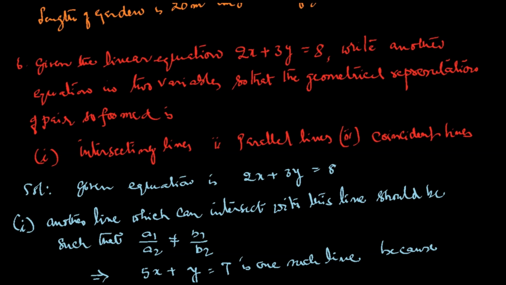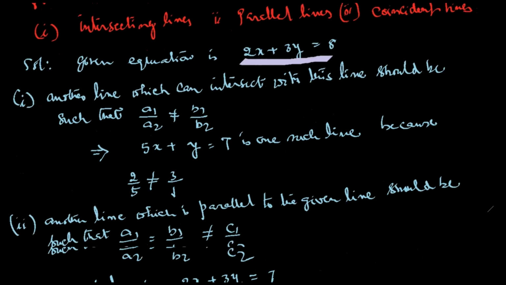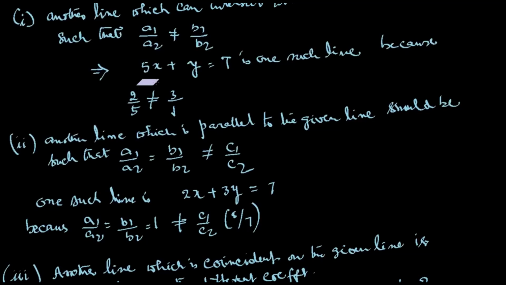If you want the equation of a line which is intersecting, a1 by a2 should not be equal to b1 by b2. That means different coefficients should be there. So 5x plus y is 7 is one such line. There are very many, but I am giving only one because he asked only one.